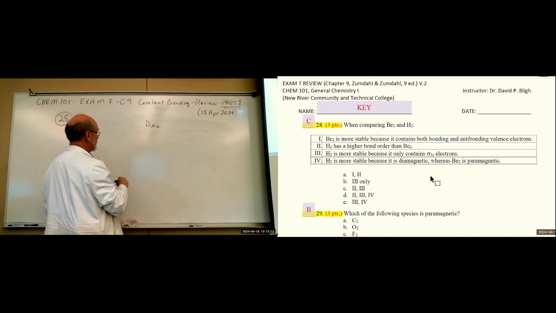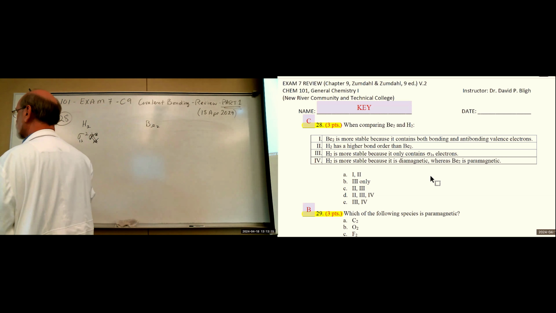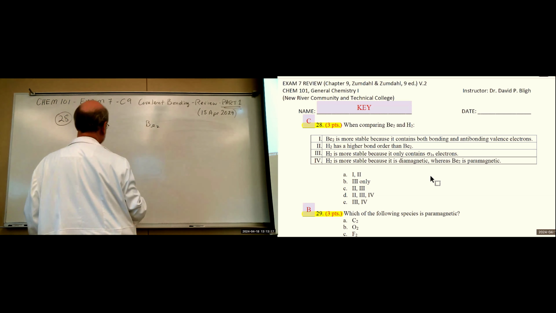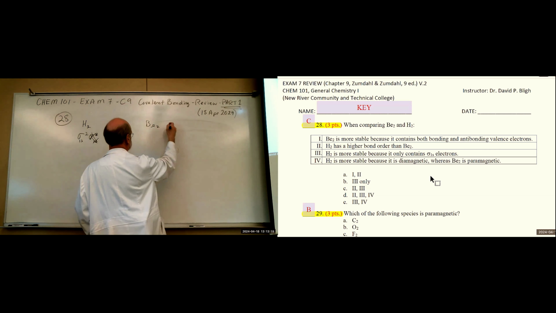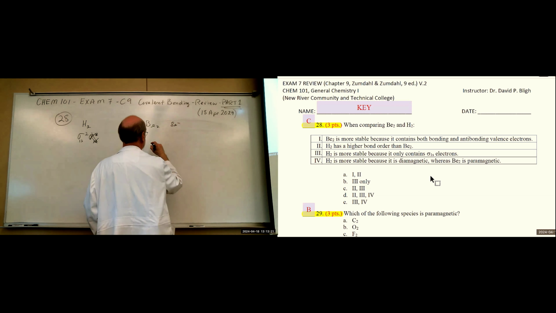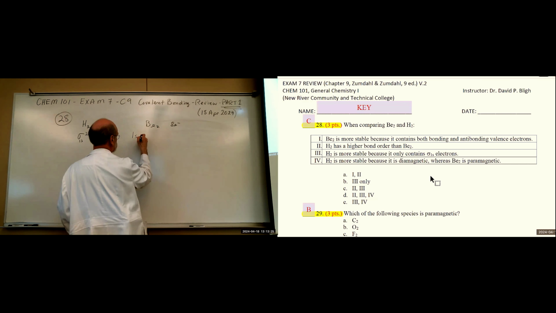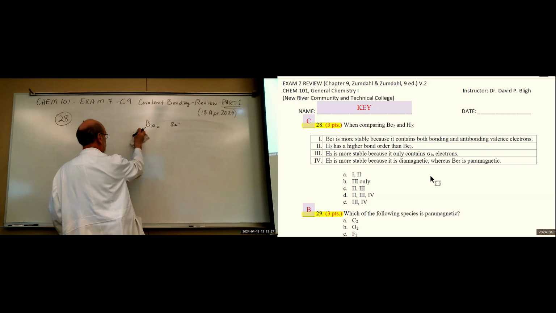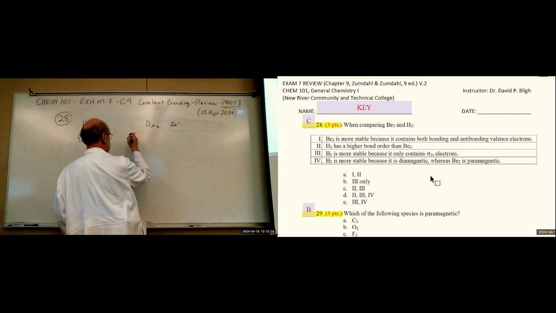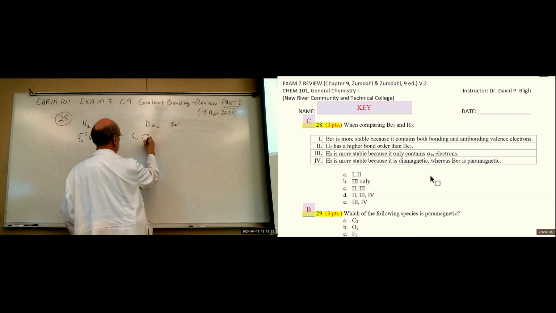This one, beryllium, has 4 electrons each, so it has 8 electrons. And it's working in the second. So it's going to have a sigma molecular orbital made from the 1s and a sigma star made from the 1s.